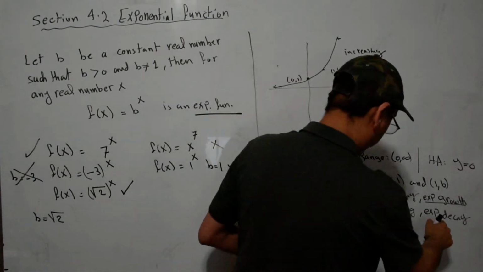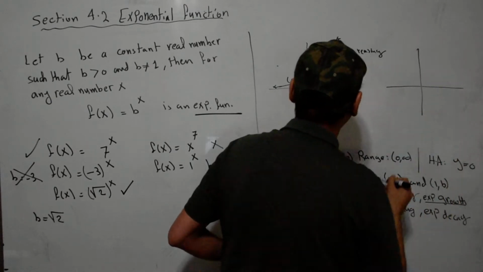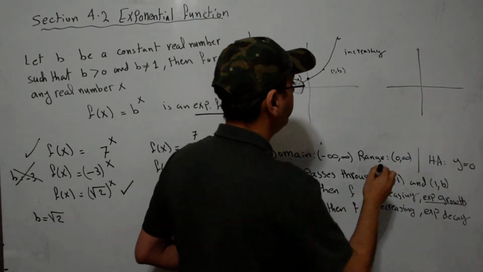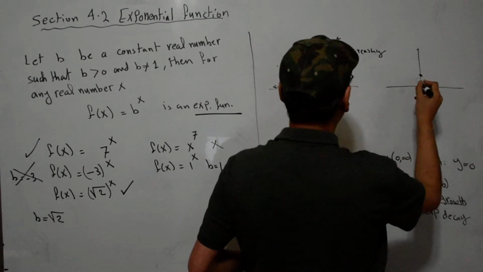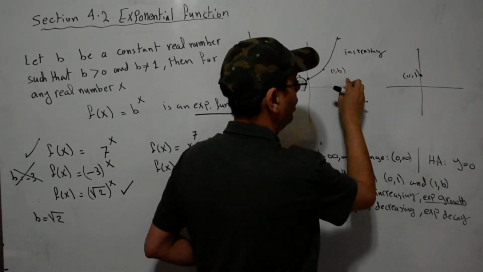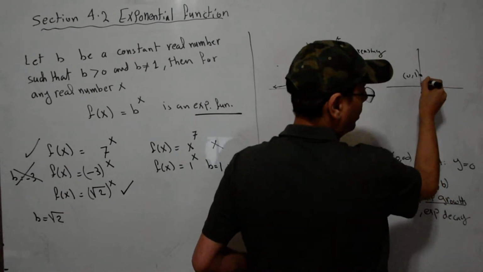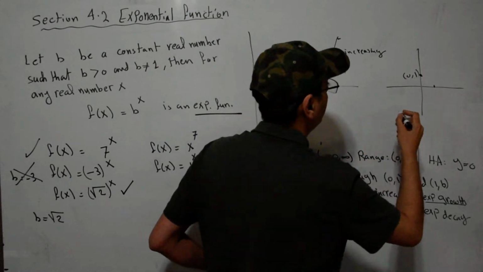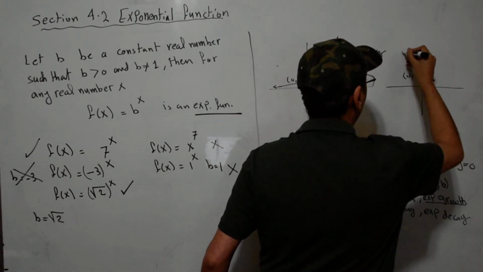If b is between 0 and 1, again, the function passes through (0, 1) and also (1, b). So here is 1, but b is less than 1, between 0 and 1, so here's b, and it goes this way.